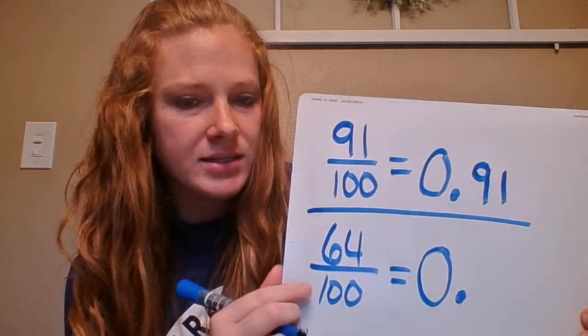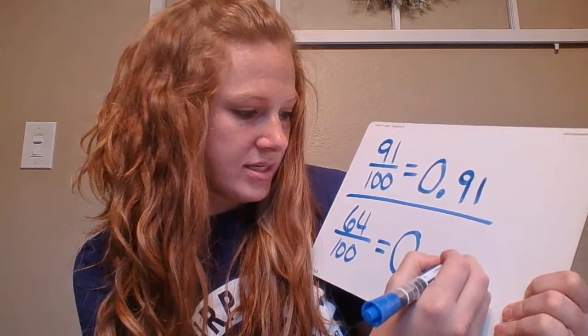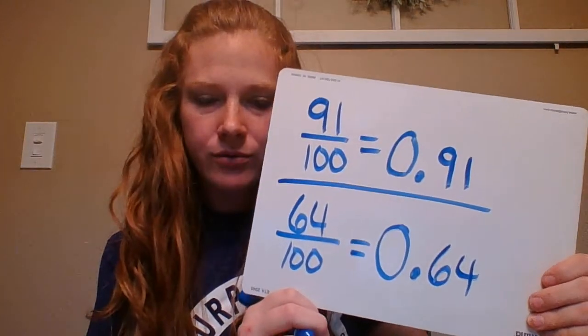And then because it's over 100, I write just exactly what it says on top, so 64. So I would read that as 64 hundredths. So those are pretty easy, or they should be pretty easy, considering you're just writing down the numerator as the decimal. But what about if we have 4 hundredths?